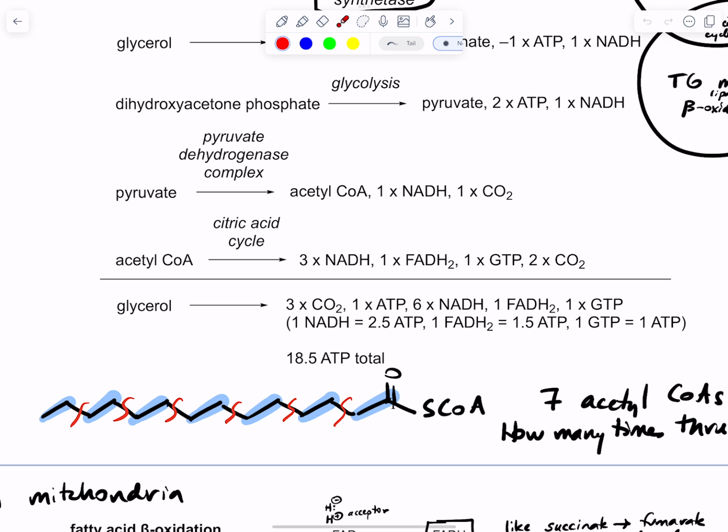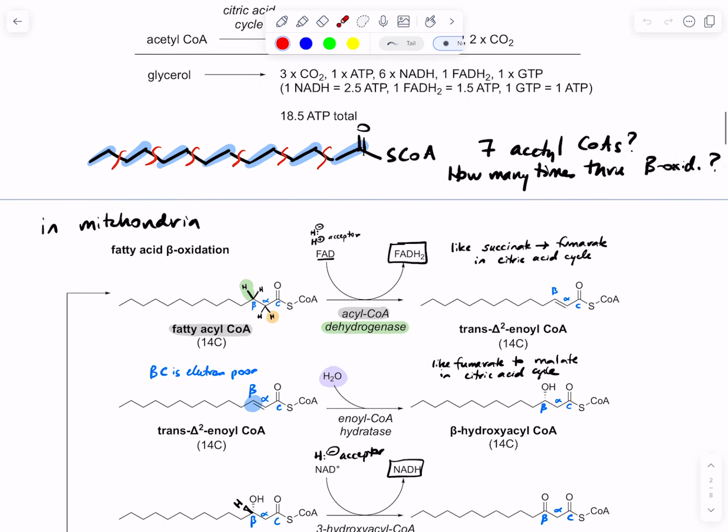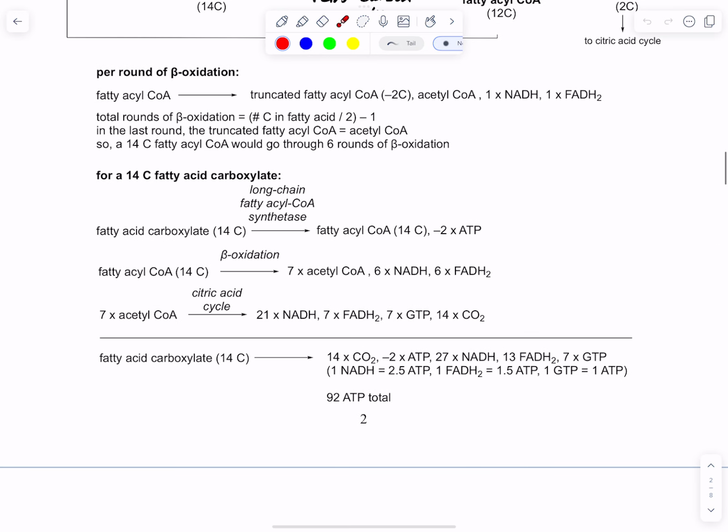That's following through the processing of glycerol, then dihydroxyacetone phosphate to pyruvate, and so on. And we were just getting through the conclusion that for each fatty acid carboxylate, once you go through beta oxidation and the citric acid cycle, you get 92 molecules of ATP. You can get that just by following all the reactions through.